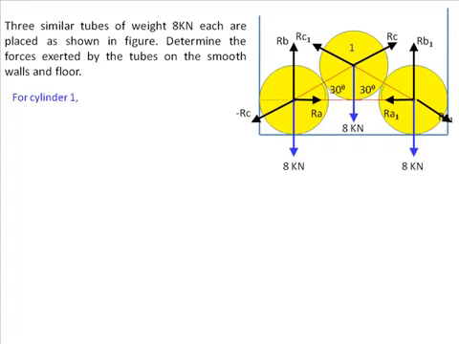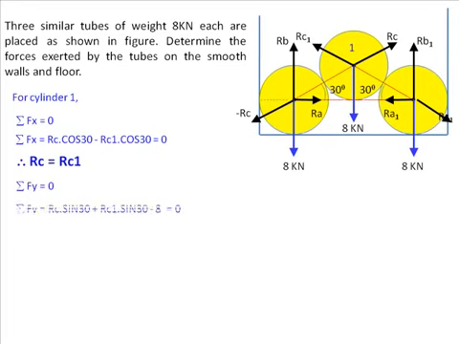Okay. Now, having drawn the free body, geometry is settled because 30 degrees is given. For each cylinder, we are going to write sigma Fx and sigma Fy equal to 0. For cylinder 1, sigma Fx equal to 0 gives RC cos 30 minus RC1 cos 30 is 0, so RC is equal to RC1.